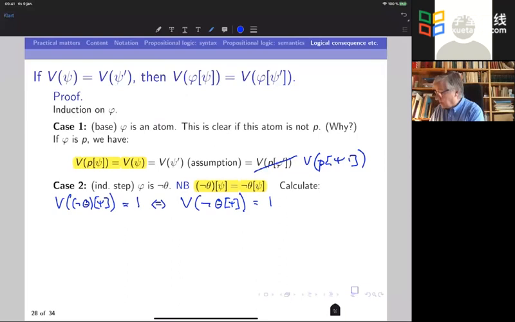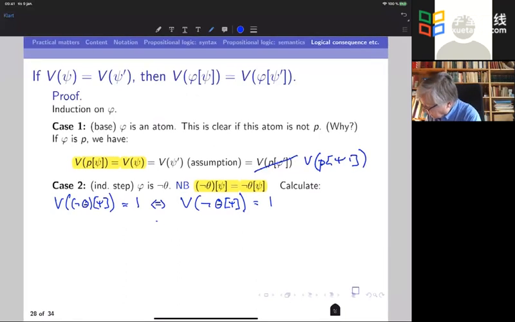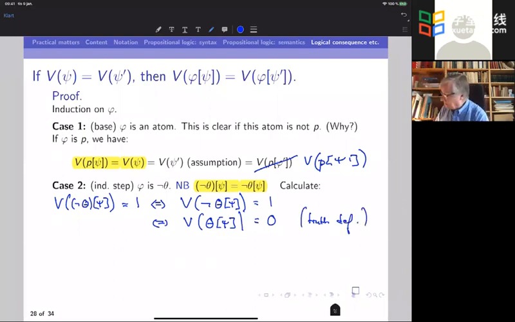But this formula is a negation. And when is a negation true? Well, it's true if and only if the unnegated formula is false. So that's the truth definition, right? Now we just applied the truth definition.